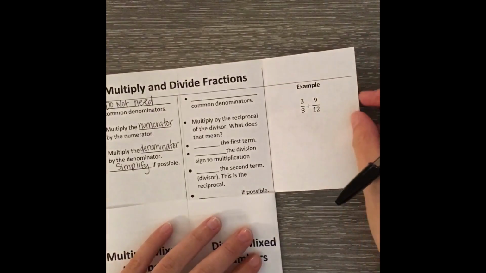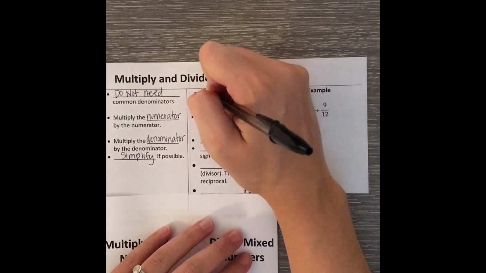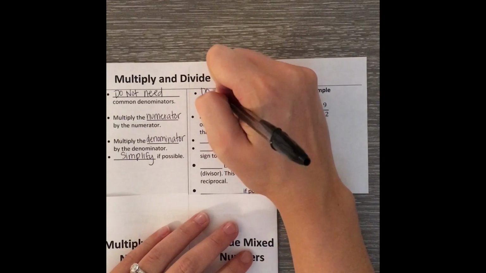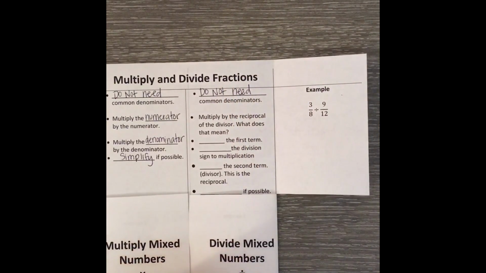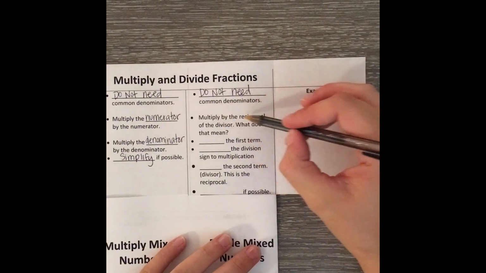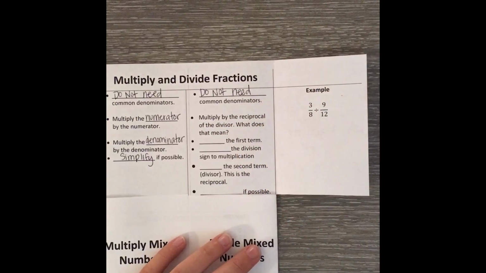Okay? Let's move on to dividing fractions. So again, we do not need common denominators. We're going to multiply by the reciprocal of the divisor. What does that mean?